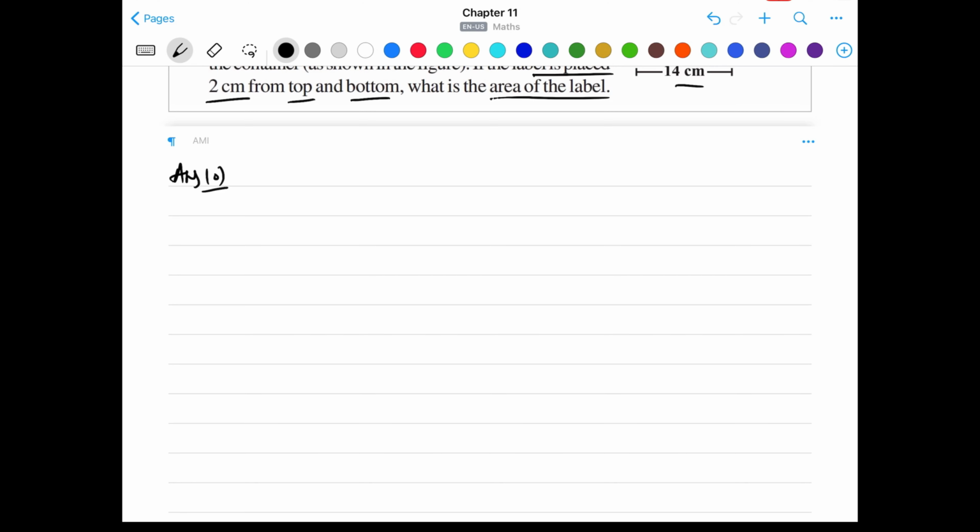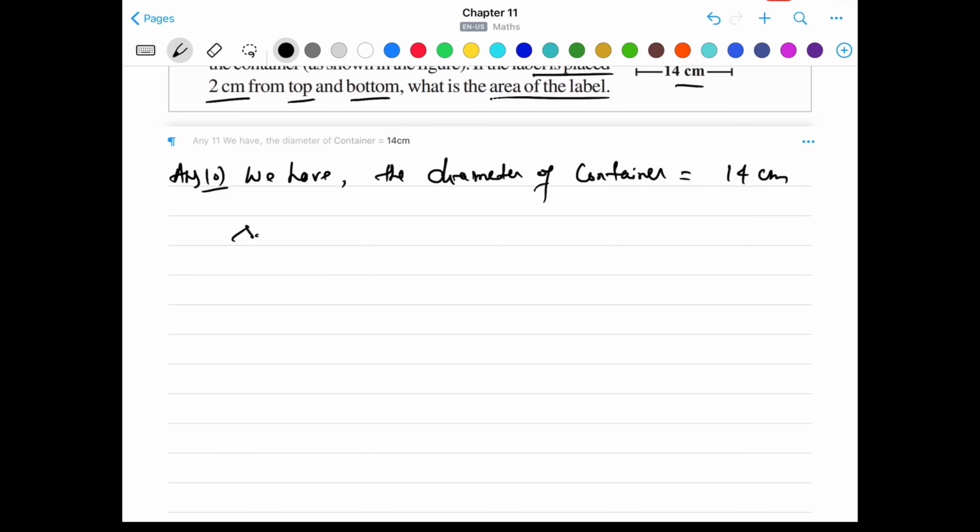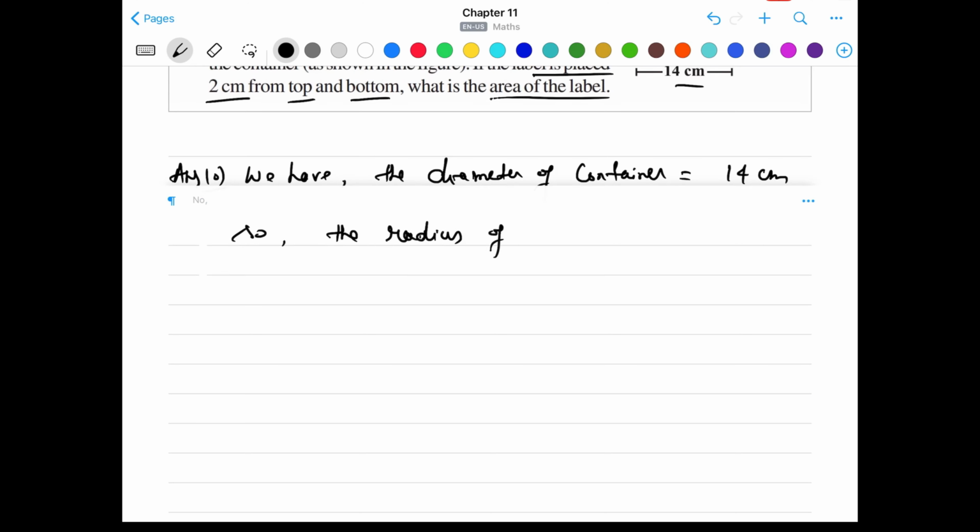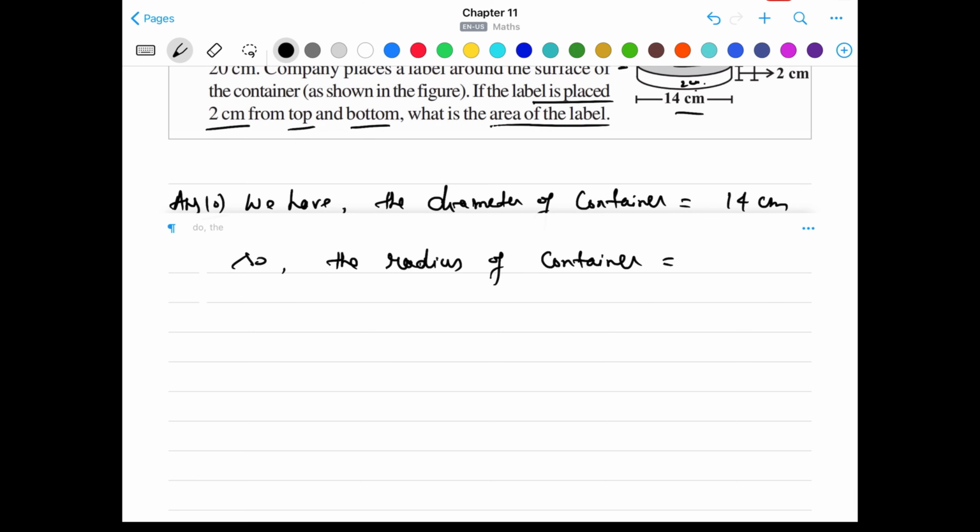We have the diameter of container is 14 centimeter. So the radius of container is equal to 14 divided by 2, that will be 7 centimeter.